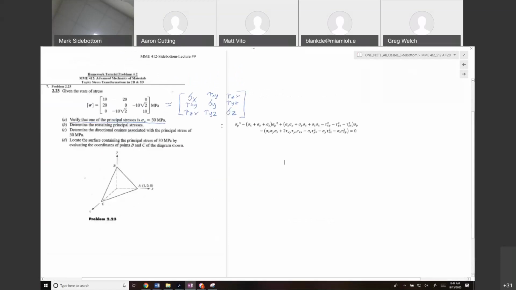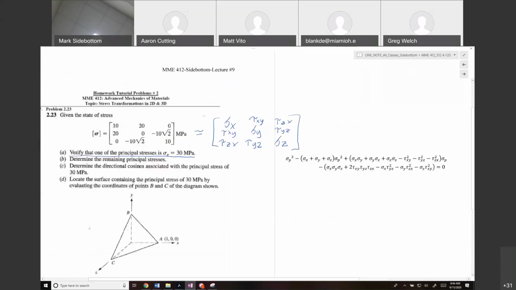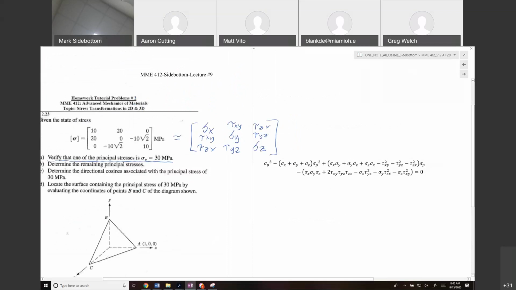In this equation, we're going to plug in the different values that we have from our stress matrix. If we do that, we get sigma p cubed minus sigma x plus sigma y plus sigma z, so it's just the sum of all the normal stresses.